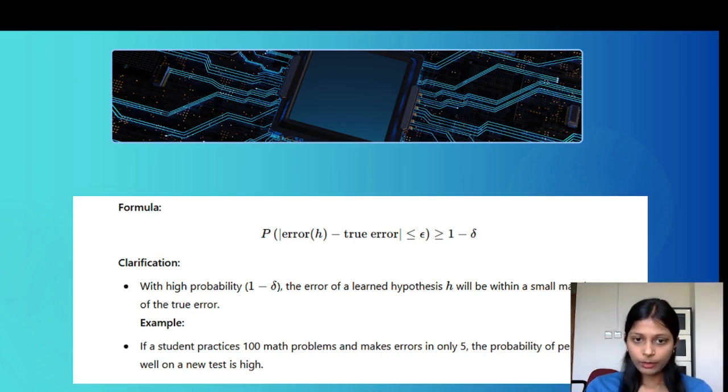With high probability, the error of a learned hypothesis H will be within a small margin of the true error. So let's understand it with an example. If a student practices 100 math problems and makes errors in 5, the probability of performing well on a new test is high.